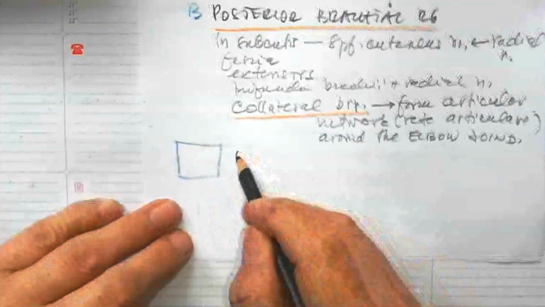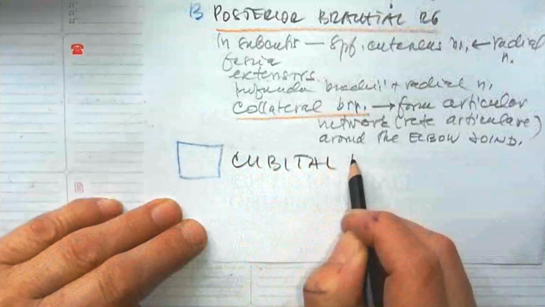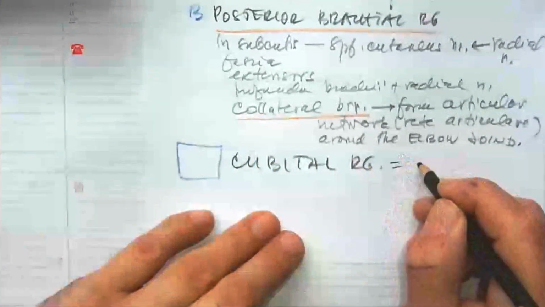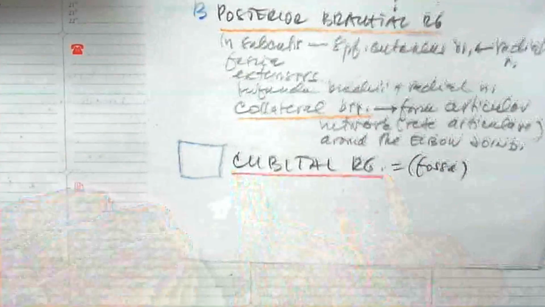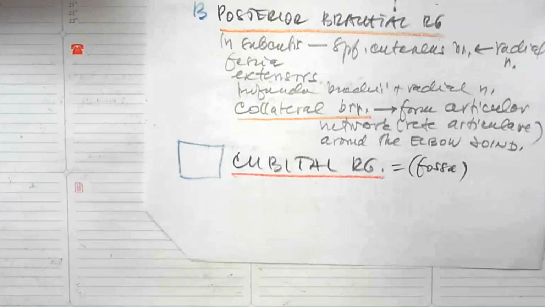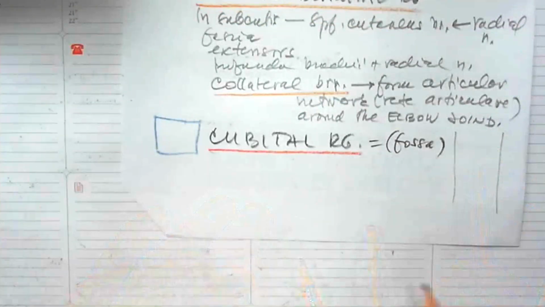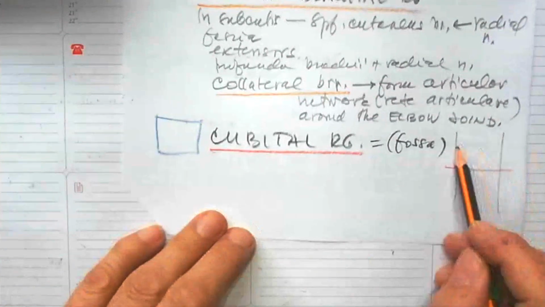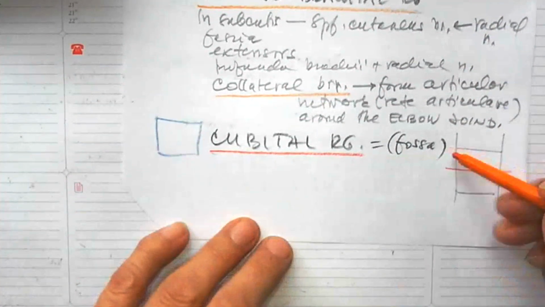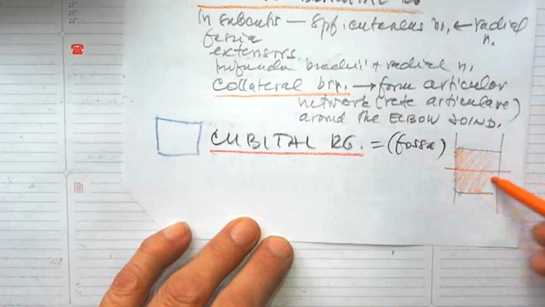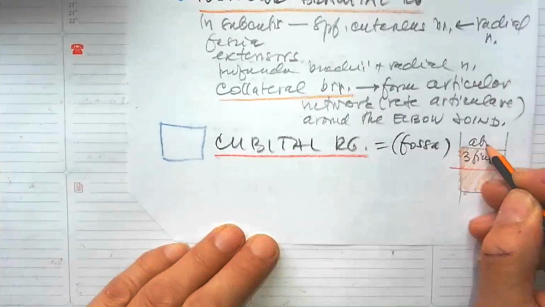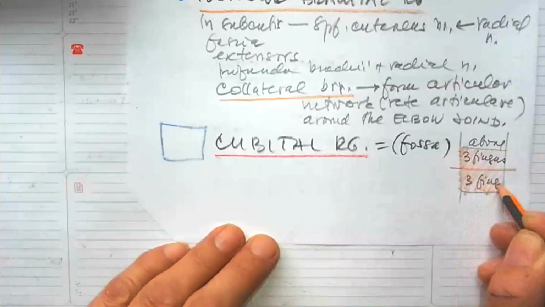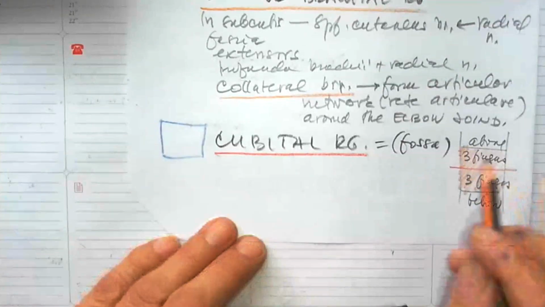cubital region, cubital fossa also, called fossa cubitalis, fossa cubiti, and we know that the boundaries are more or less artificial, so one could be explained here. We see that the region here in orange lies 3 fingers above and 3 fingers below the line.